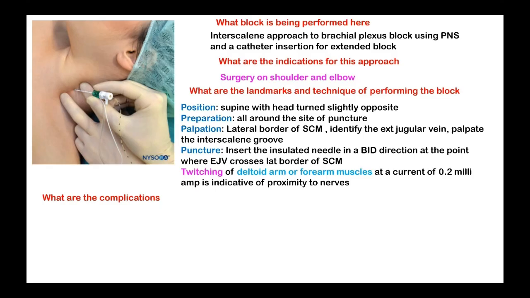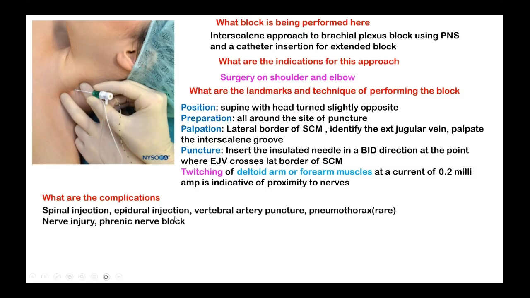Arterial. Can you go into the vertebral canal and produce a subarachnoid block if you are not sure about the depth? Epidural injection, vertebral artery puncture, very rarely pneumothorax. Nerve injury, like one of the roots or trunks of the plexus can be injured, and the phrenic nerve also can be blocked.